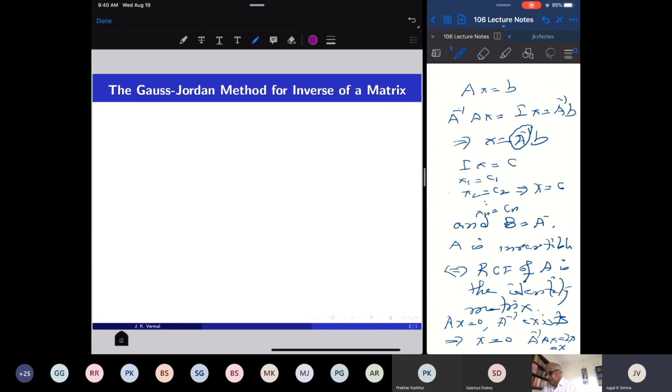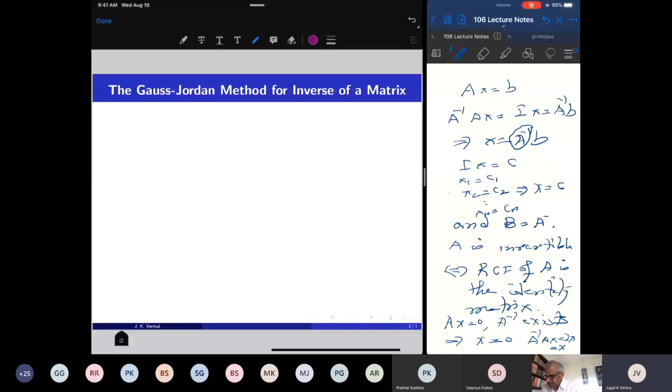You might have learned in school that the inverse of a matrix can be found by using cofactors and determinants, etc. Those formulas are useful to some extent, but they are computationally very heavy. I will discuss those formulas also.